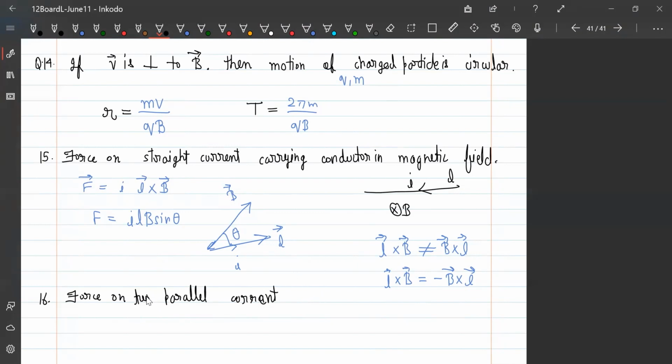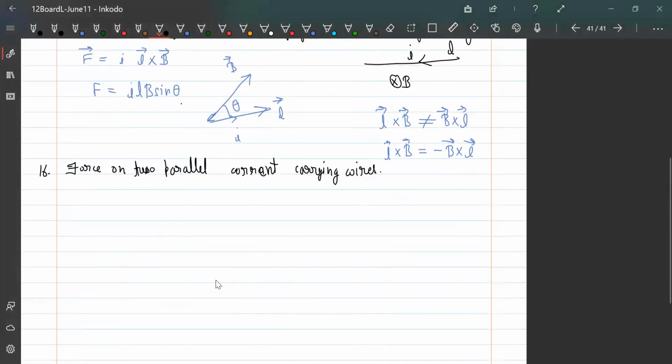Force on two parallel current carrying wires. इसके लिए फॉर्मूला याद रखना है और डेरिवेशन भी याद रखना है. सो यहाँ पे फोर्स नहीं आता है, फोर्स पर यूनिट लेंथ आता है. Who will tell me the value? Newton per meter unit होता है. So force on two parallel current carrying wires.